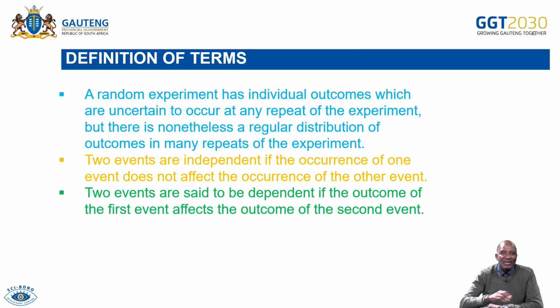Okay. Then a random experiment has individual outcomes, for example, a head or a tail when you toss a coin, or a 1 or a 2 or a 3, a 4 or a 5 or a 6 when you throw a 6-sided dice. So a random experiment has those individual outcomes which are uncertain to occur at any repeat of the experiment.